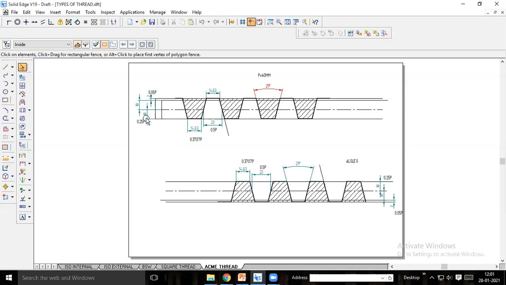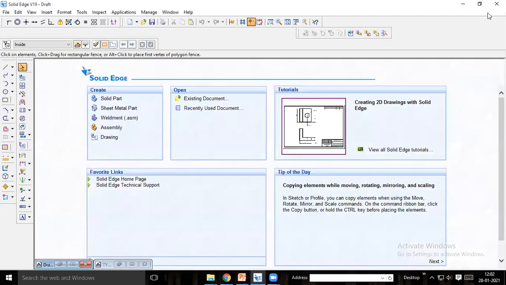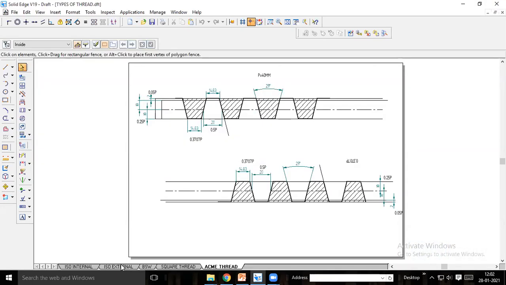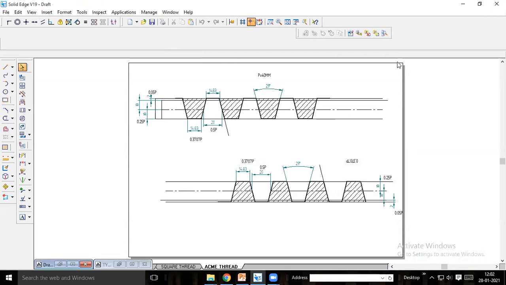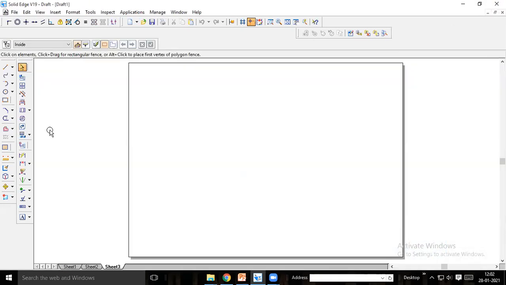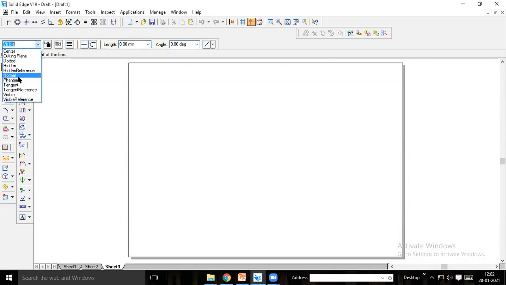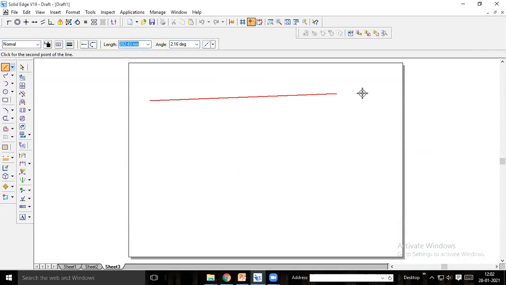29 degrees, and H will be 0.25 P plus 0.05 P. I will start drawing so that you can understand. See here, in every case I draw one top line with a normal line.